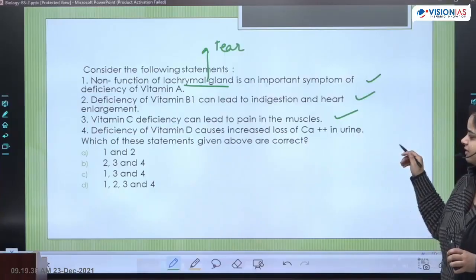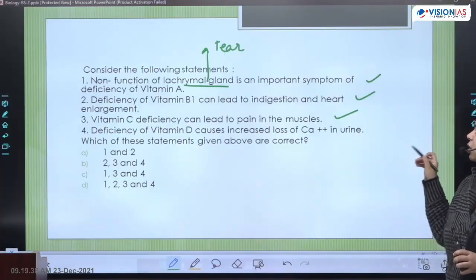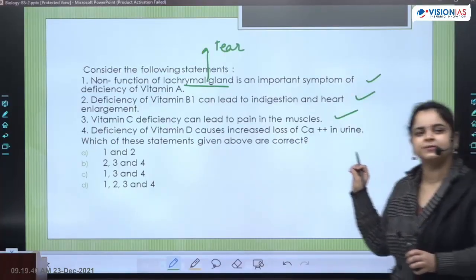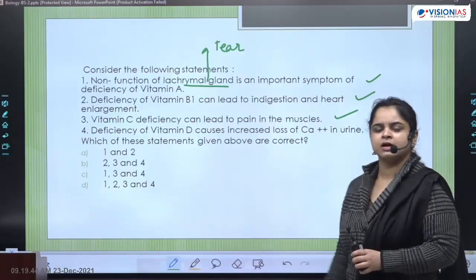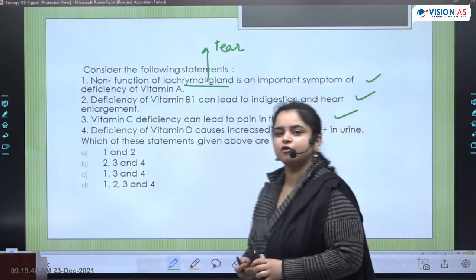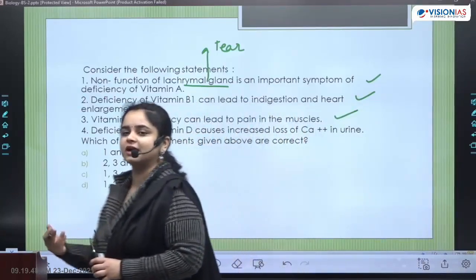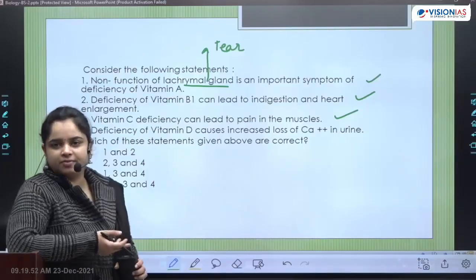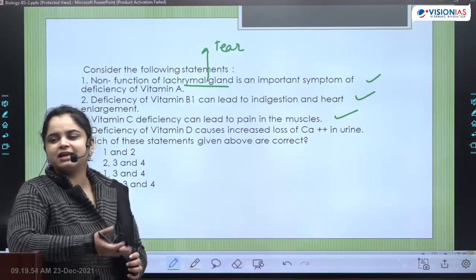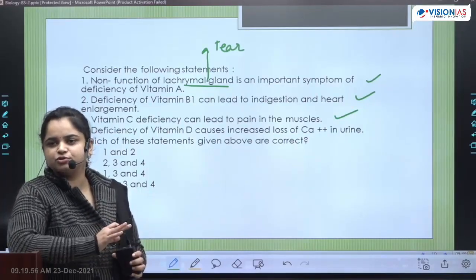Deficiency of vitamin D causes increased loss of calcium in urine. So this is also correct. We said vitamin D is needed for absorption and use of calcium in the body. So if it is not there, we will not be able to take the calcium to the bones where it's supposed to be.